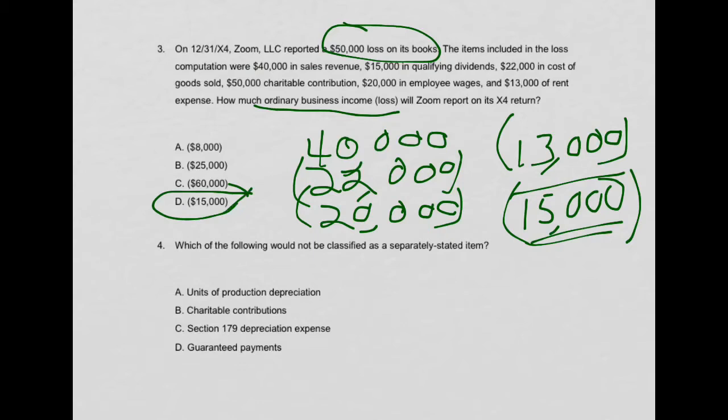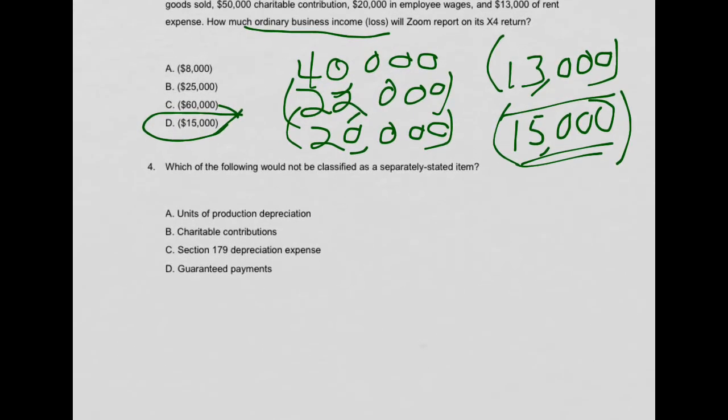Which of the following would not be classified as a separately stated item? So here again, it's the idea, is it going to be netted with the net income from operations, or is it going to be separately stated? And you could have just looked at the K-1. In fact, if you had brought a K-1 to class, like I had suggested, or used it in the textbook, you would have seen that guaranteed payments has a line item.